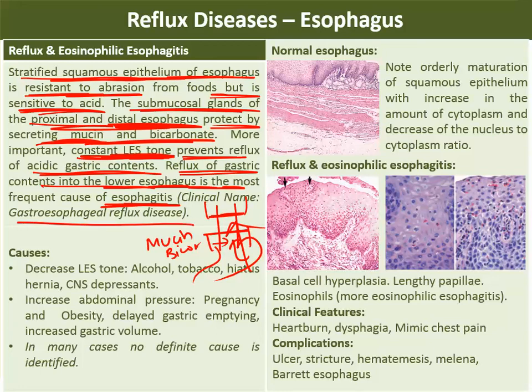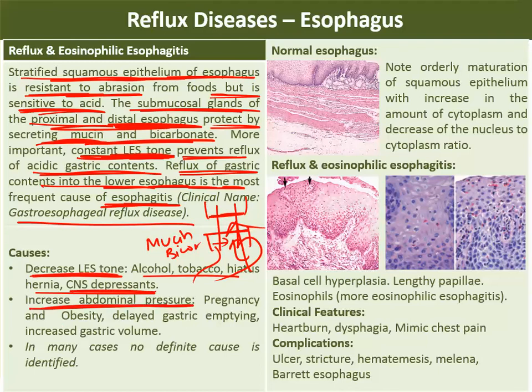Clinically we call it gastroesophageal reflux disease. So what are the causes? First you should know what things can affect the LES tone: alcohol, tobacco, hiatus hernia, and any CNS depressant drugs you take for depression treatment. These will decrease lower esophageal sphincter tone.